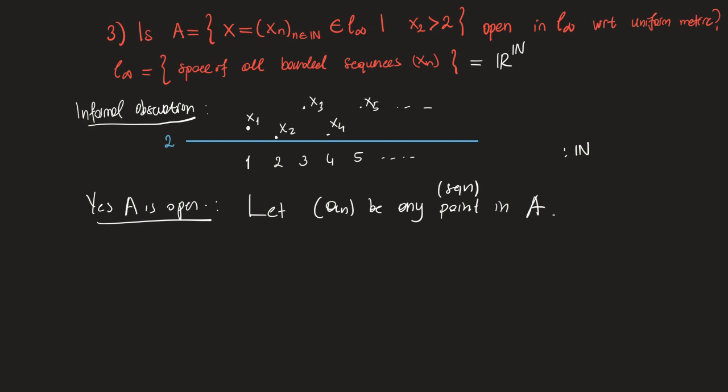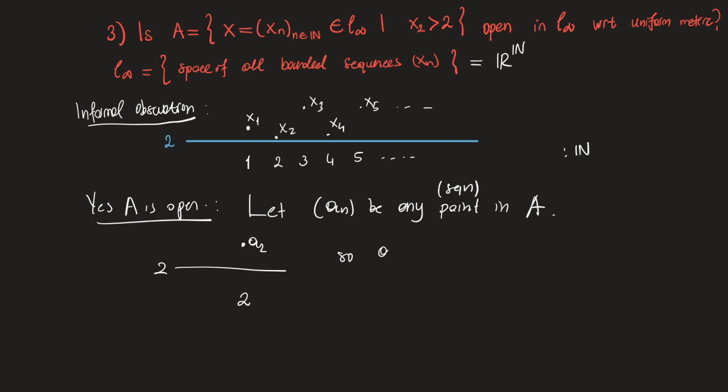Now consider, okay. In this setup, at my index 2, my a2 is bigger than 2, right? This is my line 2, and my a2 is bigger than 2. I am following my informal observation, right? Since a is from the set A, my second value of a should be bigger than 2.